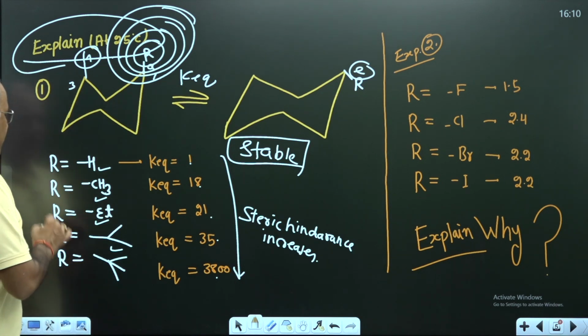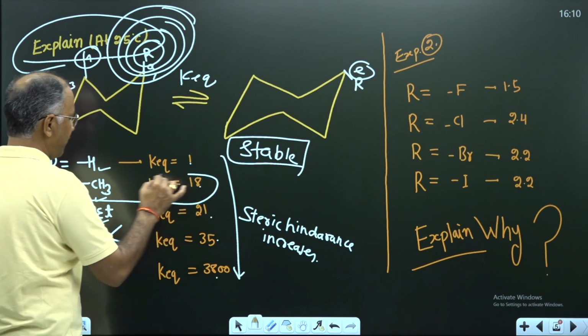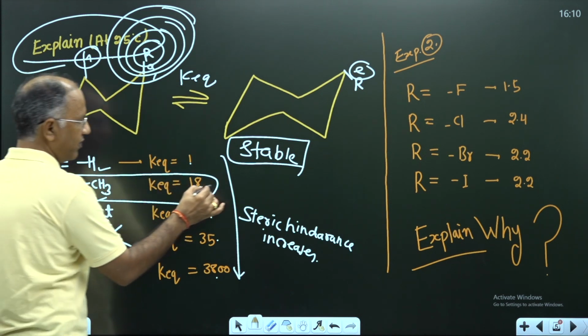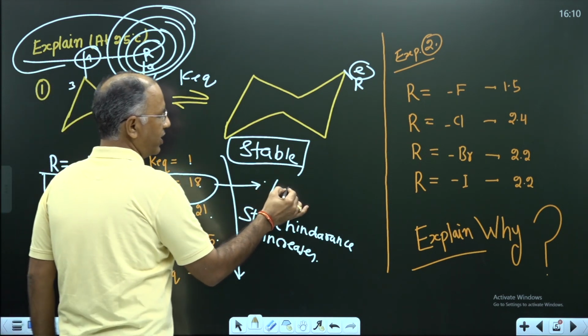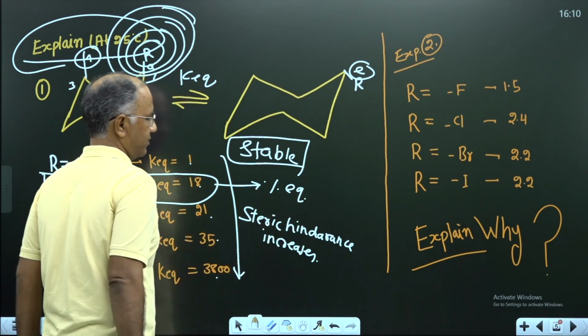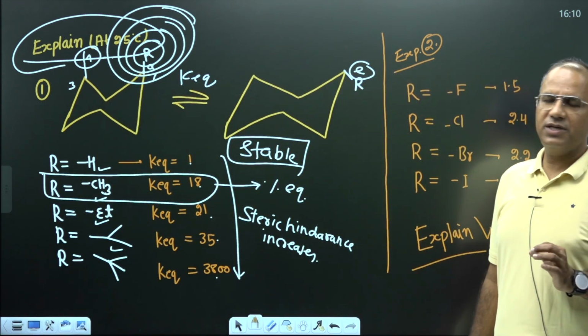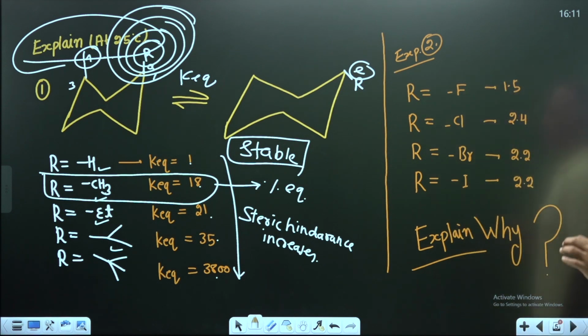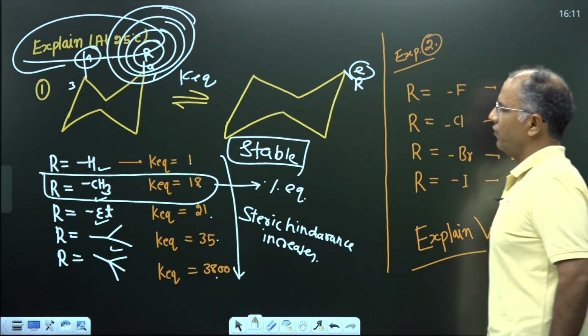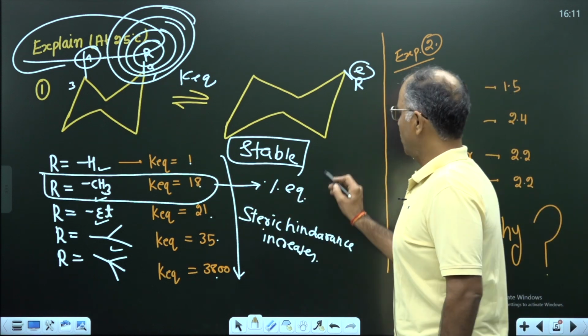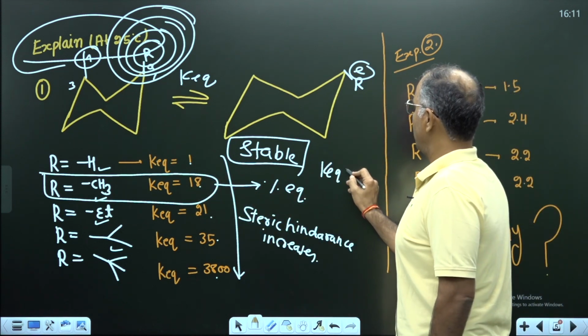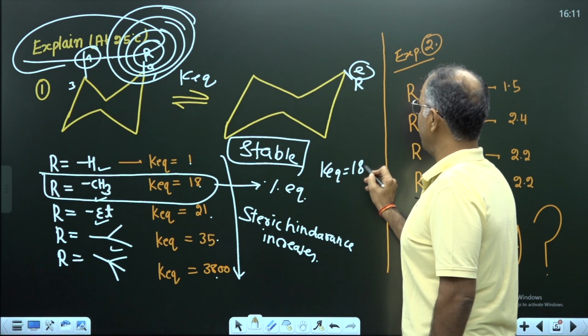Now, can you explain what is the percentage of equatorial and axial conformer? If K equilibrium value is 18, what will be the percentage of conformer at equatorial position? Now, we know that data is 18. It is a simple calculation. 18 means 18 by 1.